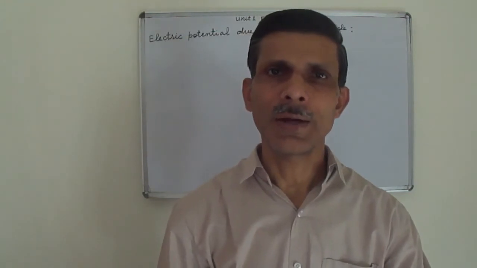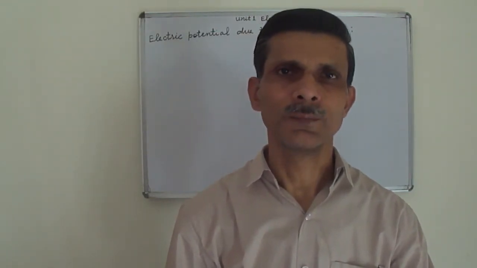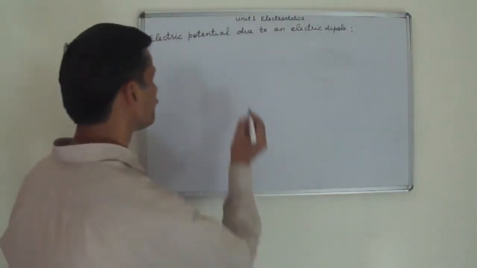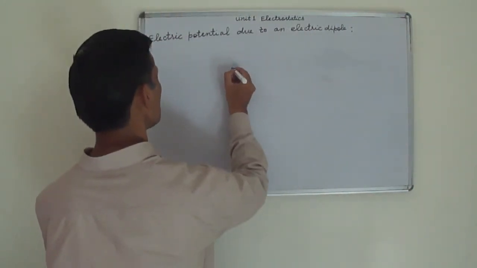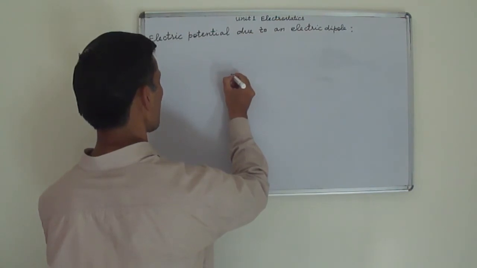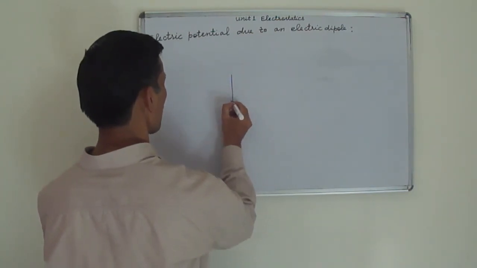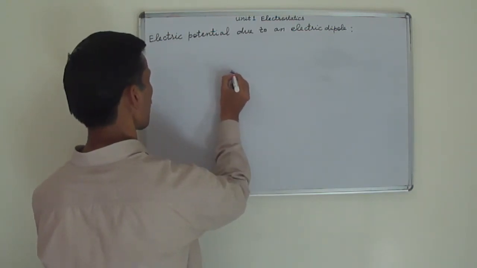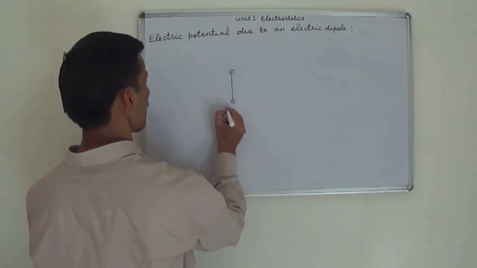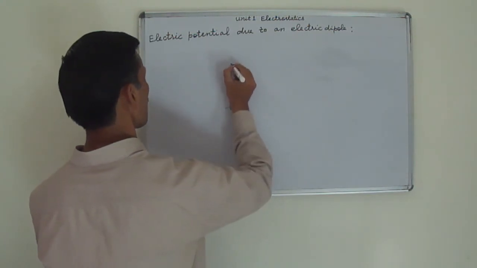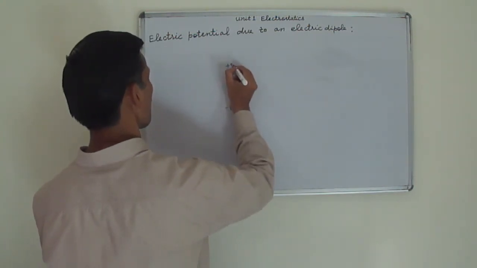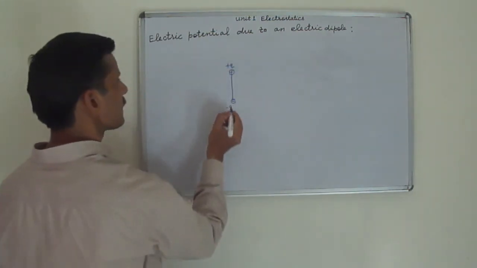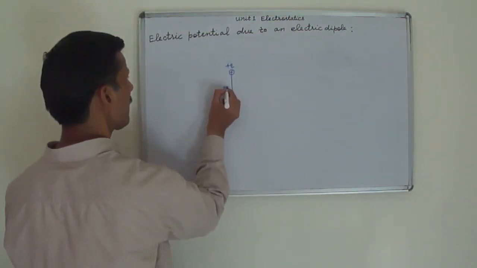Let us calculate electric potential due to dipole by another approach. So consider an electric dipole. Minus q and plus q charges separated at 2a distance apart.